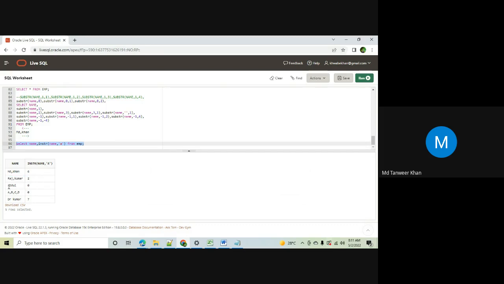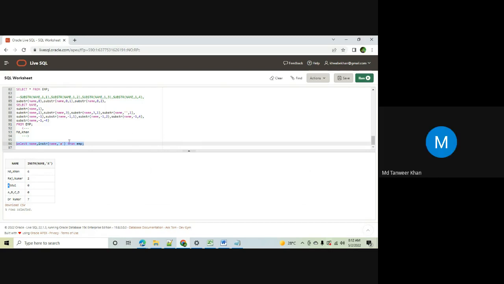But here in Abdul, A is present, but the SQL engine is telling 0th position. It is not present anywhere. Why? But A is present here, right? Then why is it telling 0? Who will explain this? Case sensitive.